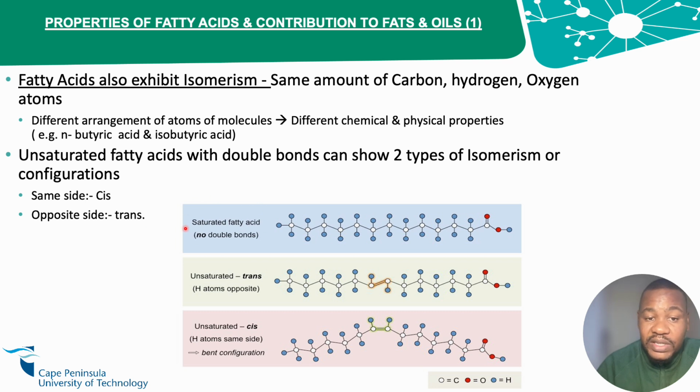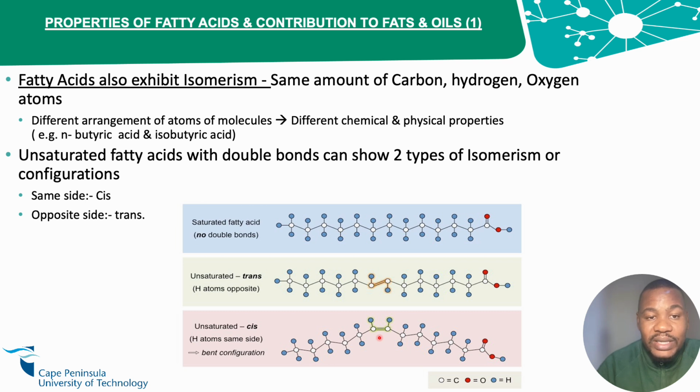Saturated fatty acids here have no double bond, and you can also see here this is a carboxyl group. But if you look at this configuration here, you've got these molecules which are on the opposite side of the double bond. But here, we've got these molecules which are on the same side.